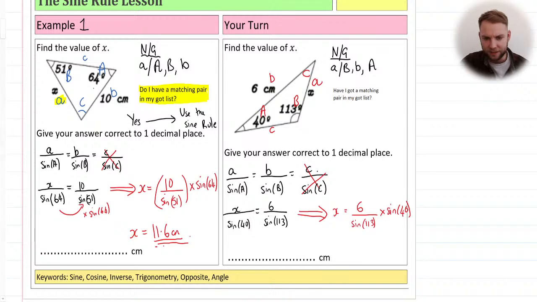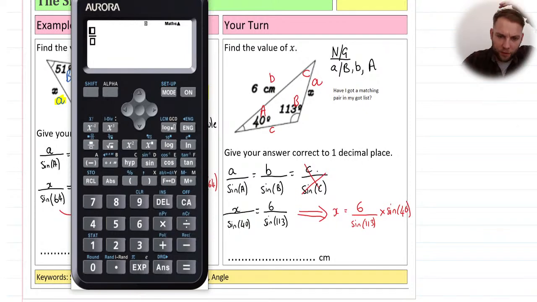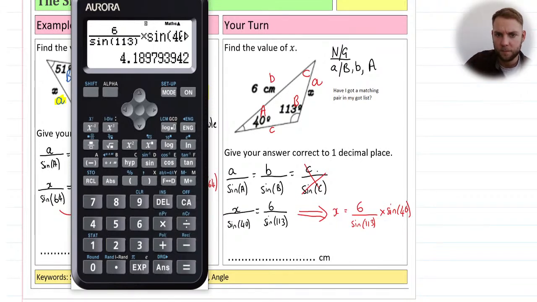Let's work out what that is on the calculator. So fraction button first, 6 over sine of 113, close brackets, times by sine of 40, which in this case is 4.2.